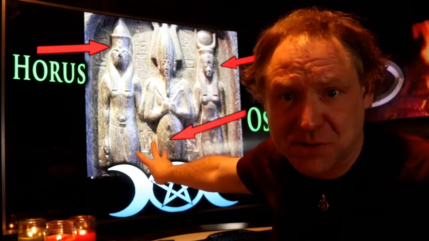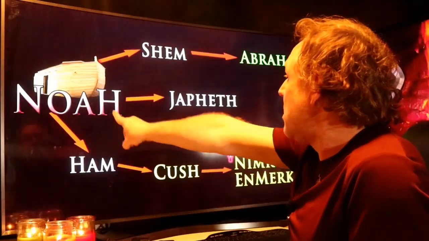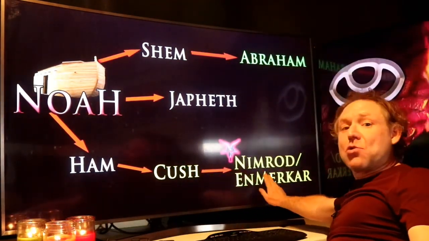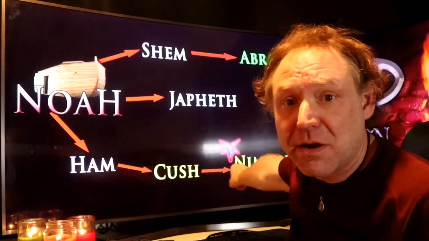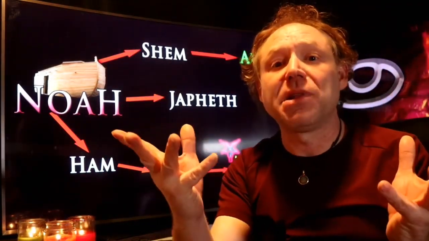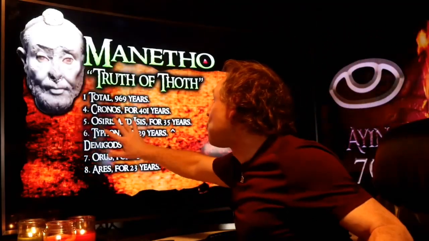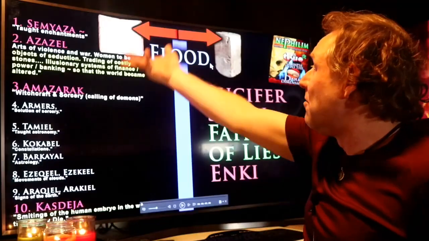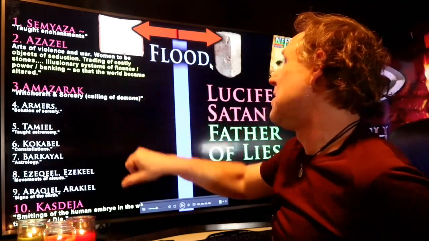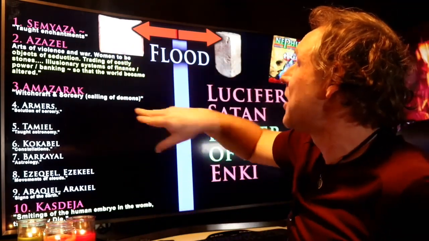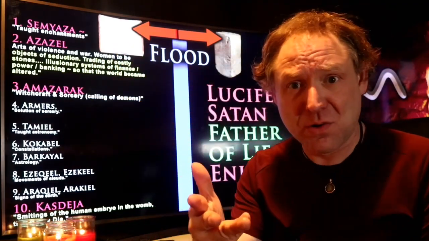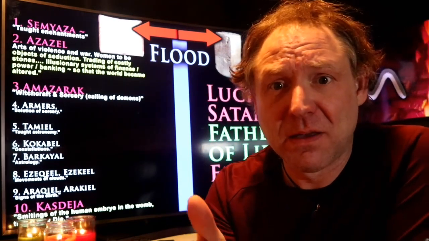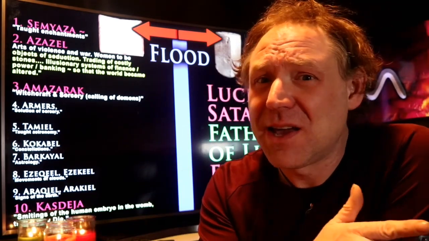It's all ancestor worship, coming right down through the line of Ham, through Kish, through Nimrod, or in Merkur right over here, and the gods of Egypt, the plethora, that are in fact written out right here by Manetho himself, are all fallen angels, devils, and demons, beginning with Sanyaza and Azazel, according to the book of Enoch, because Nimrod, or in Merkur, coming through the lineage of Ham, has shifted everything.